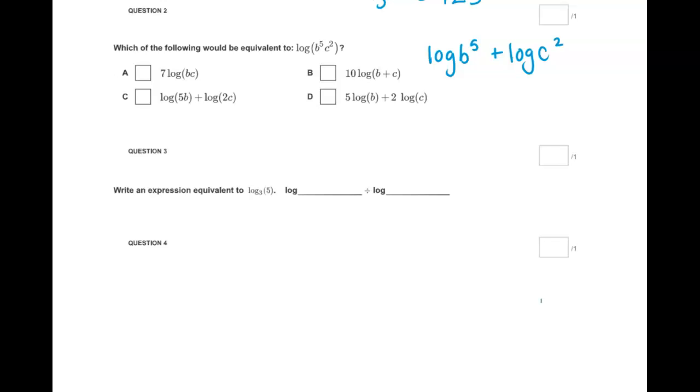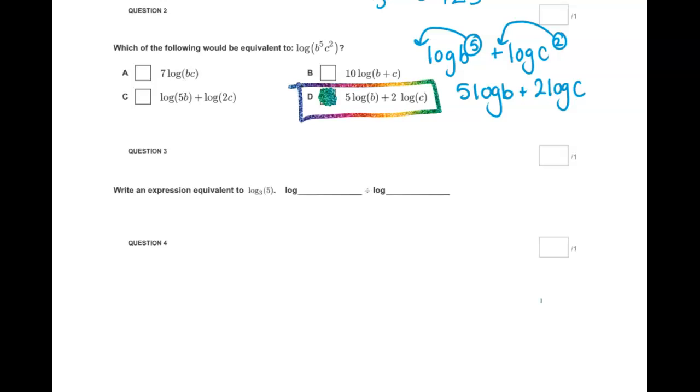No. So now I'm going to move the 5 out front and the 2 out front, and I have 5 log b plus 2 log c. Is that there? Yes, it is. So our answer is D. None of the other ones work because we didn't get it from expanding or changing how it looked.